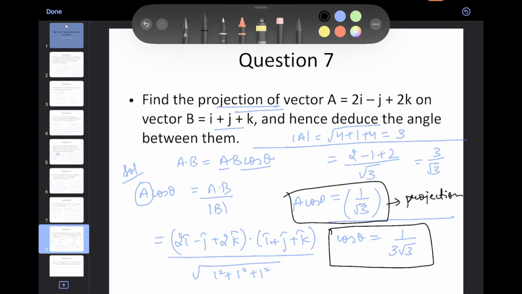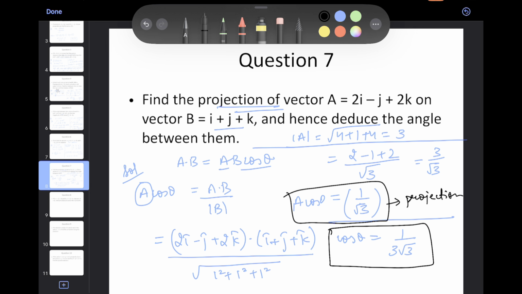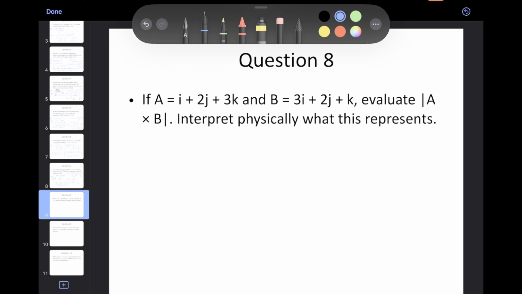Okay. So the next question is, if A and B are given, evaluate A cross B. You have two vectors. First, A is i cap plus 2j cap plus 3k cap. And next, vector B is 3i cap plus 2j cap plus k cap. So first you have to calculate A cross B and then the magnitude. So for A cross B it is i cap, j cap, k cap; 1, 2, 3; 3, 2, 1.